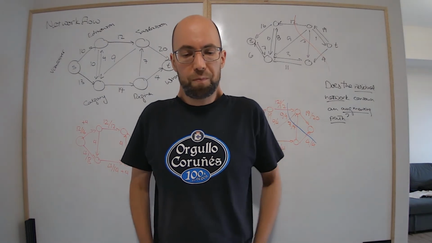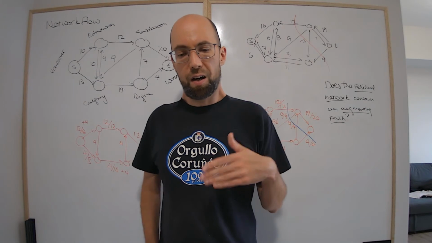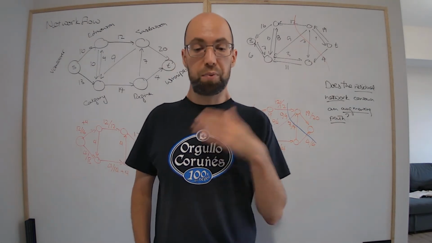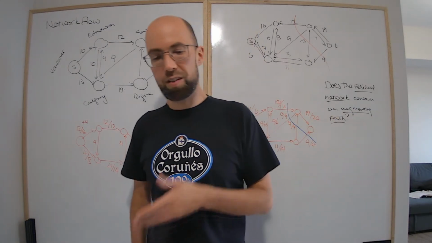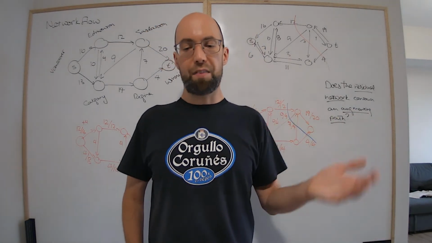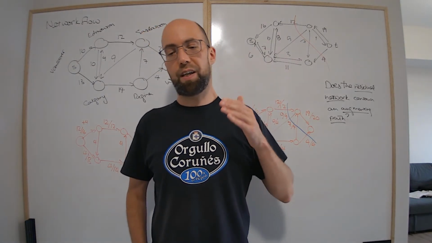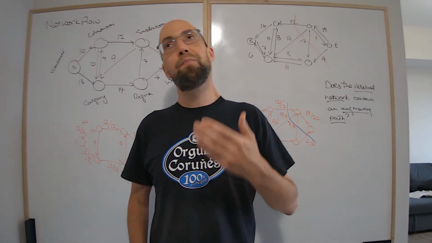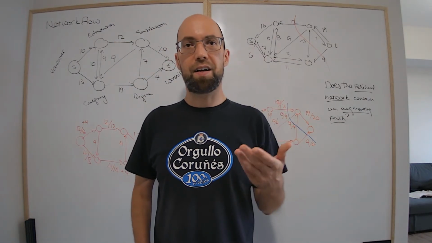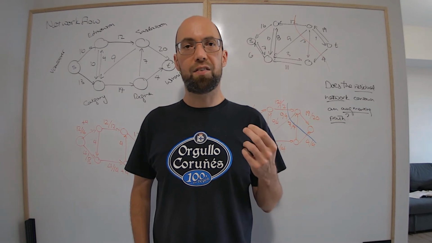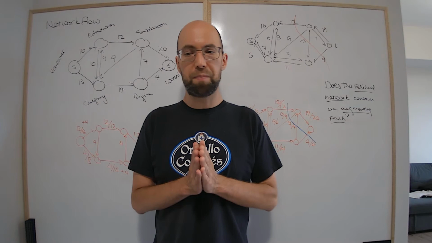What you should do is start with a graph, and maybe you have a flow of 0, build a residual graph, find an augmenting path, which is a path from S to T in the residual graph, and then add the augmenting path to your flow, build a new residual graph, find an augmenting path, and keep doing this until eventually you stop.